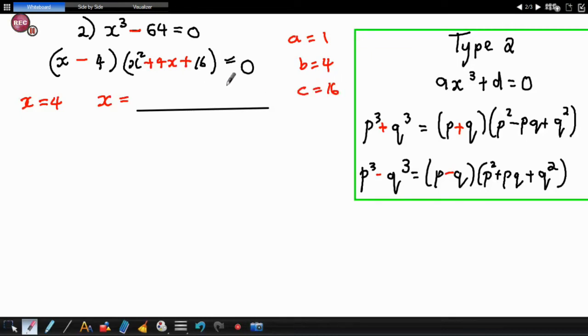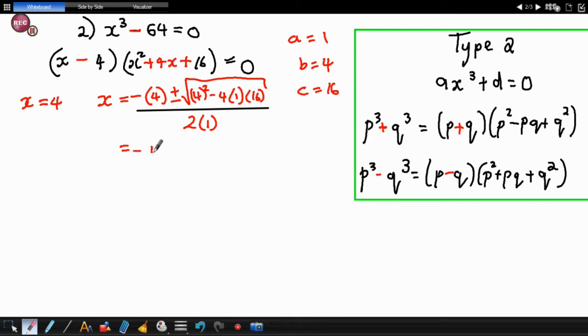So let's just go ahead and substitute. So you have negative, then you have 4 plus or minus the square root of B, which is 4 squared, minus 4, then you have A, which is 1, and then C is 16. Then over, you have 2 times 1, right, equal to.